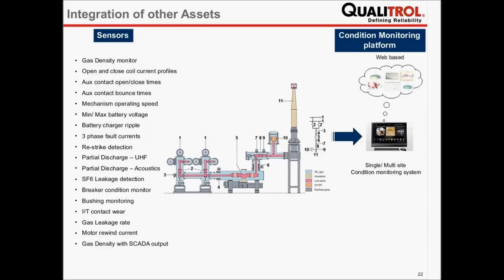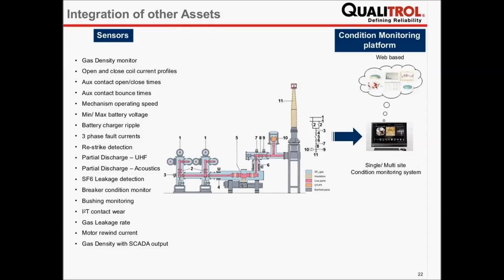But in future, such a monitoring system should also have a facility to integrate other assets. So tomorrow, if they want to integrate the breaker monitoring system or the GIS monitoring system, this kind of system should have the flexibility to integrate such systems. As an example, if we just talk about the breaker, there are a bunch of parameters that can be monitored in a breaker and fed into the same system.